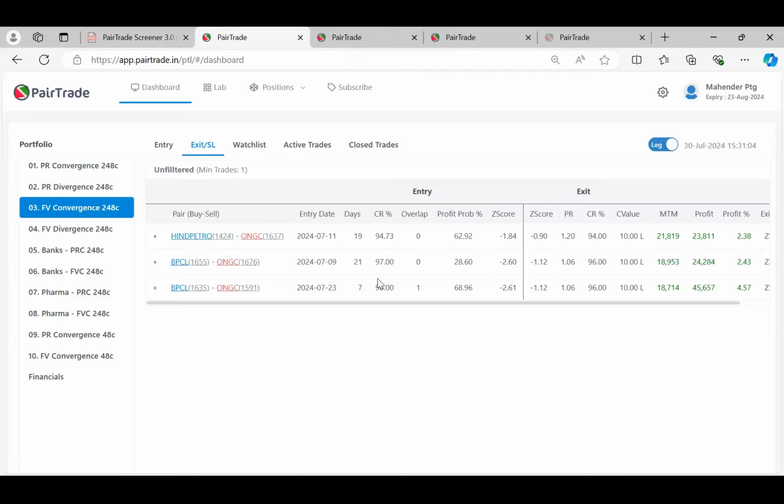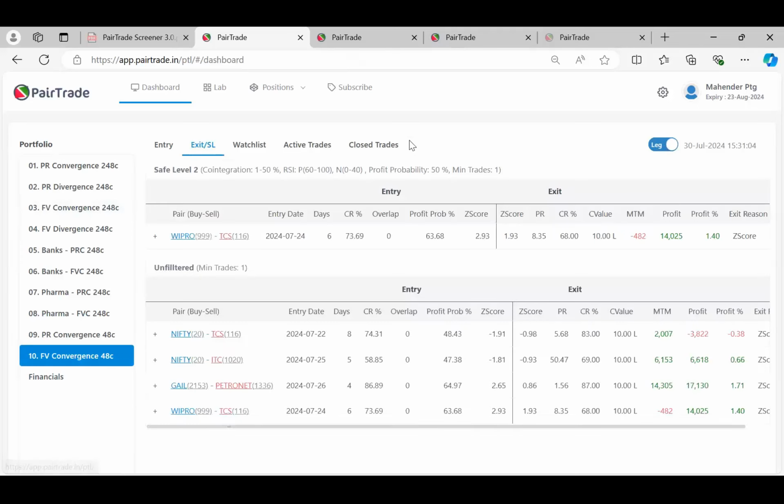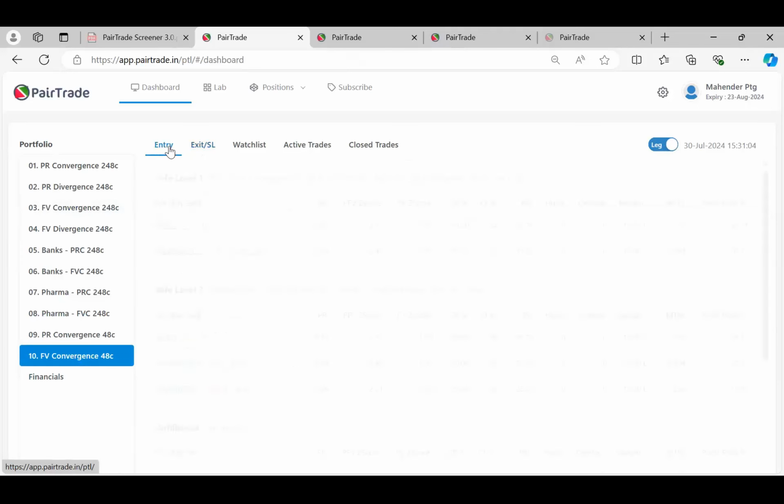If you are putting filters, such as that when I am entering the correlation should be in this range, then only I will take the trade. That is filtered. So what are your safe level 1 and safe level 2 filters? That is what we have seen, the FE convergence, right? Yeah. Okay, got it.